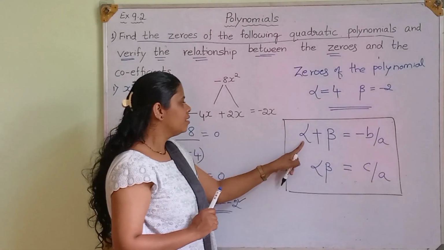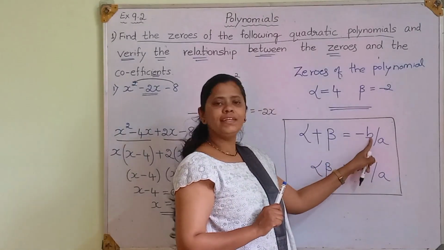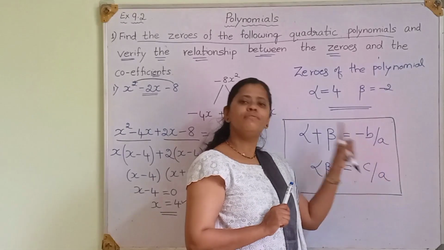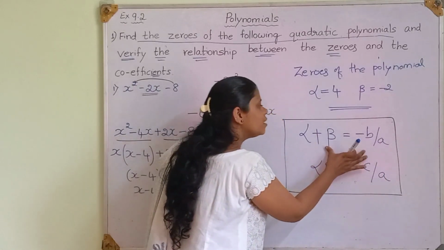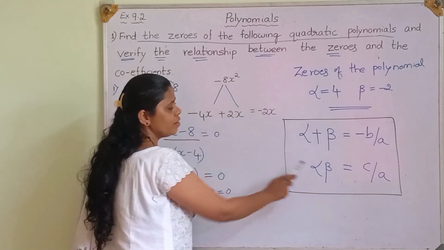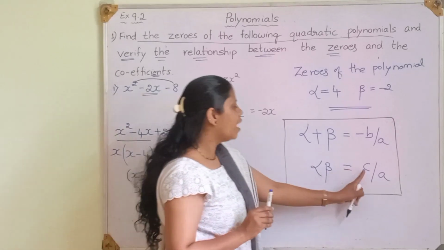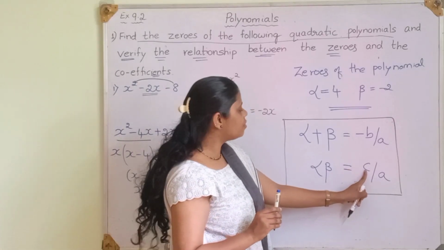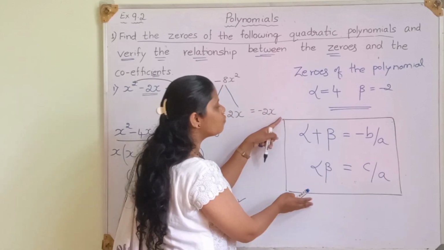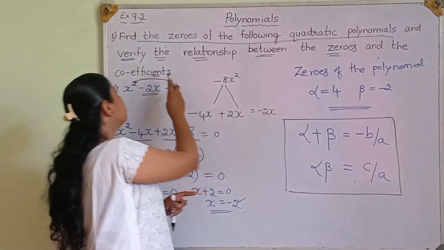Because we know that alpha and beta are the zeros of the polynomial, b is the coefficient of x, and a is the coefficient of x square. And here the product: alpha, beta are the zeros of the polynomial, and this one is the constant divided by the coefficient of x square. So this formula shows the relationship between the zeros and the coefficients.